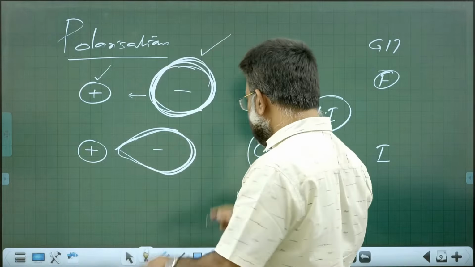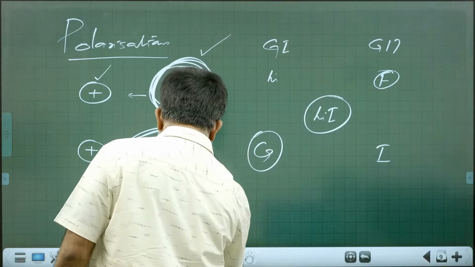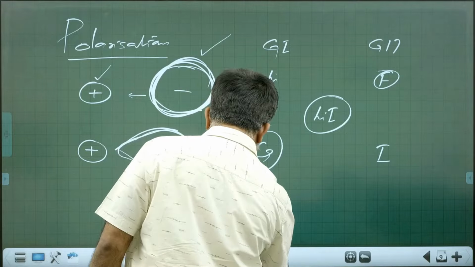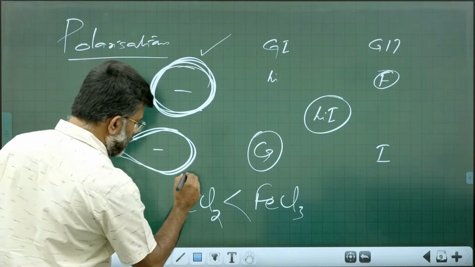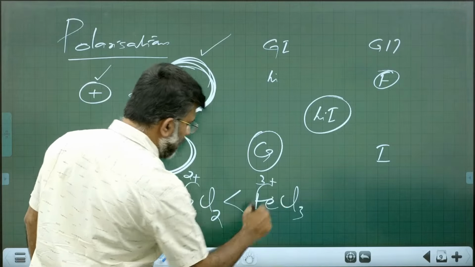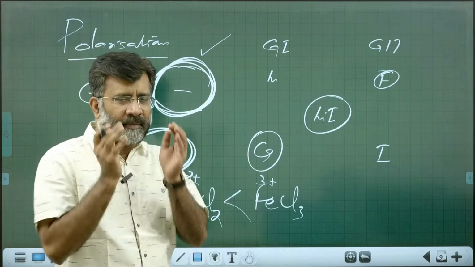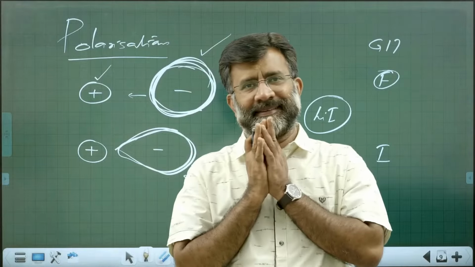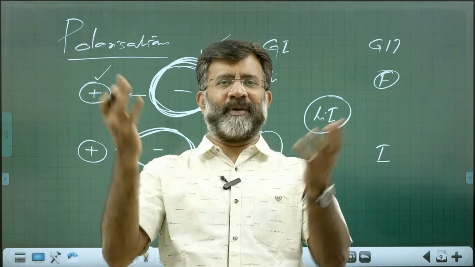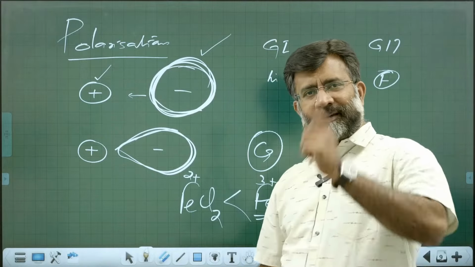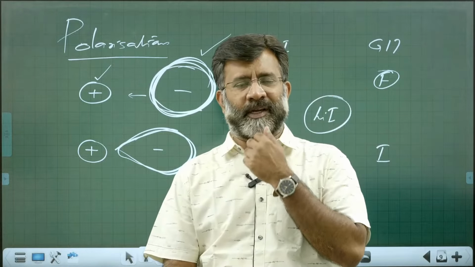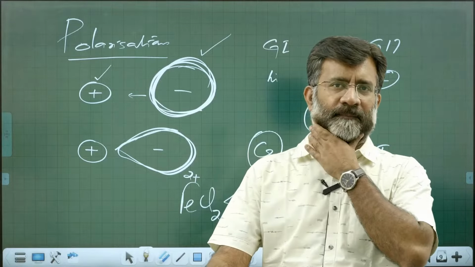Suppose you take the same species, FeCl2 and FeCl3. FeCl3 will be more covalent than FeCl2 because this is 2 plus, this is 3 plus. A 3 plus cation will be smaller in size and cause greater polarization, greater covalent character.